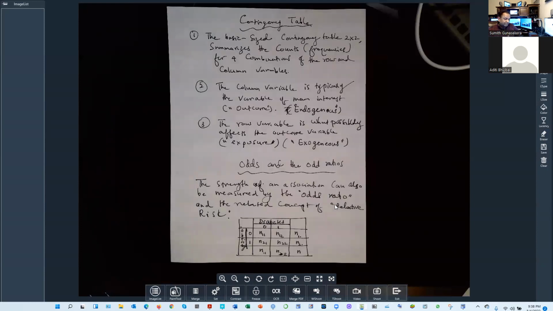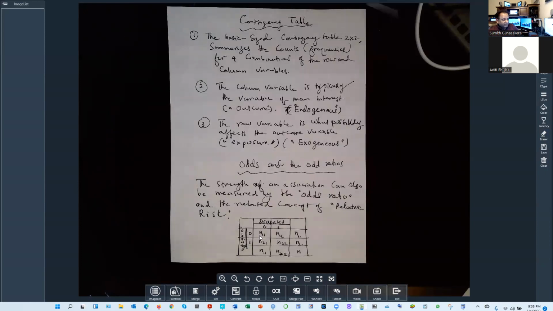In regular regression, we use the R squared. Can you remember? The correlation coefficient, or its square, the coefficient of determination. Here we are using the odds ratio to check the strength.